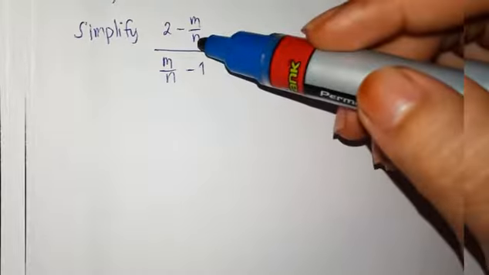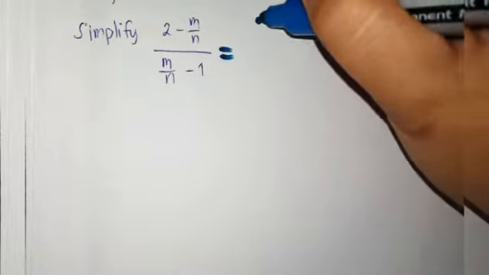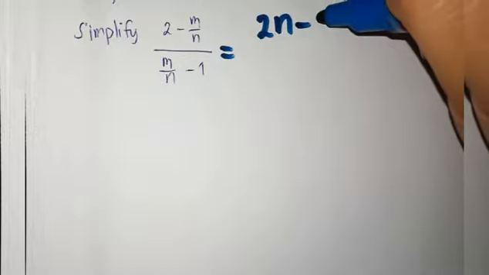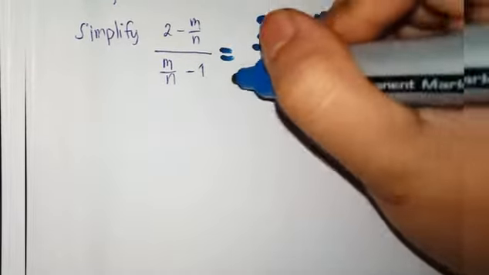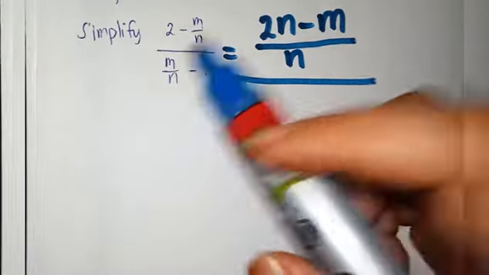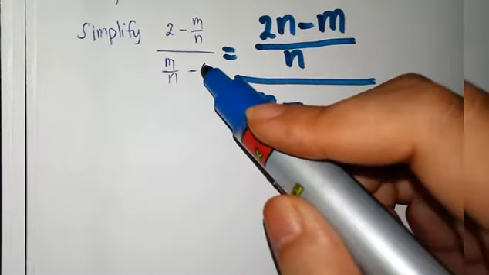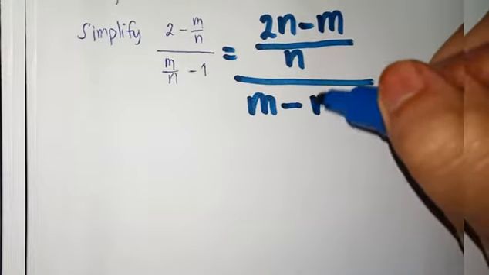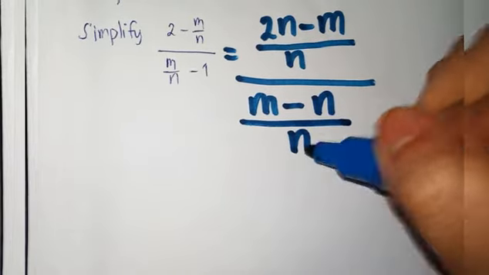We have 2 times n will give us 2n. Copy lang natin yung minus m, then all over n. Then sa denominator din, copy lang natin yung m, minus n times negative 1 will give us negative n, all over n.